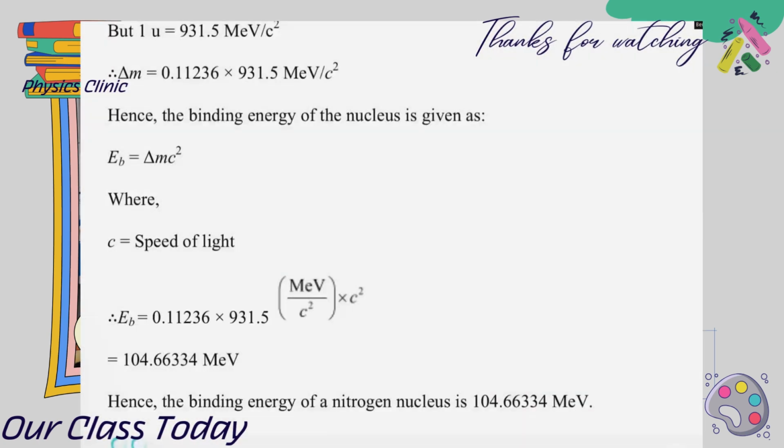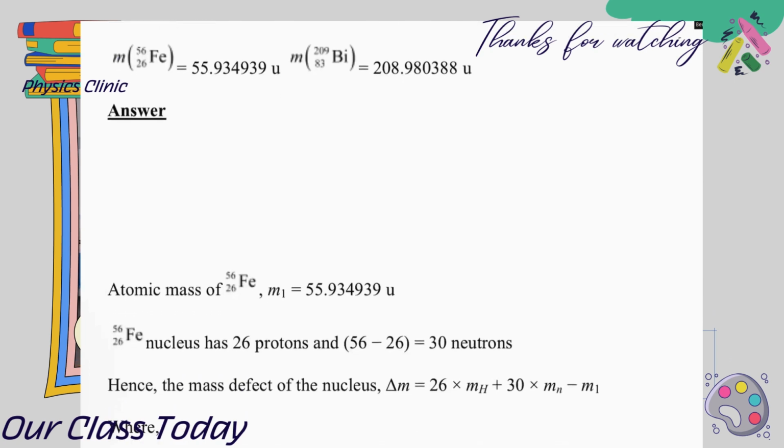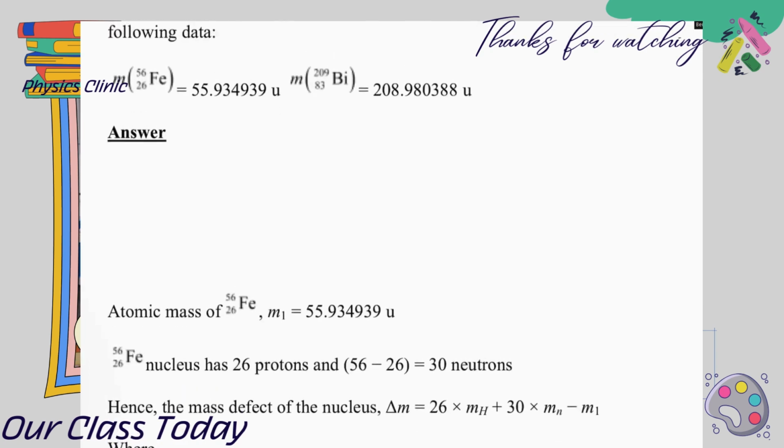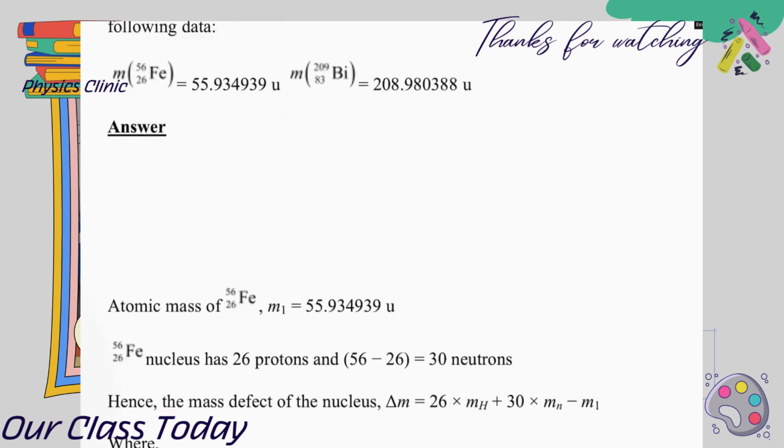Then, what is the next one? Iron and bismuth are given in million electron volt in the data. You are asked to find the binding energy of iron and bismuth in million electron volt, the same as the previous one. Iron's atomic mass unit is given, and bismuth's atomic mass unit is also given.